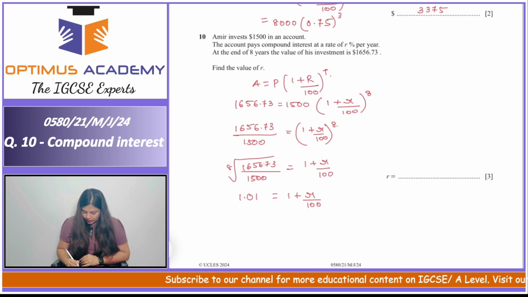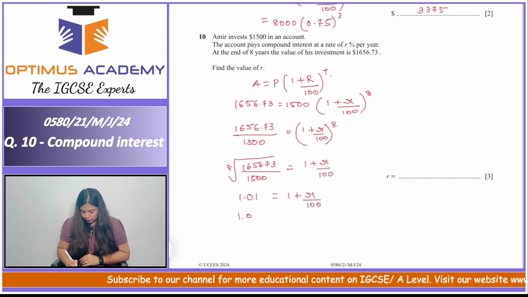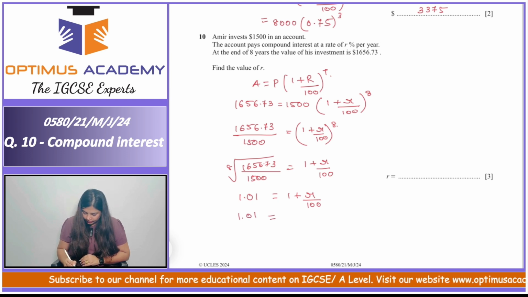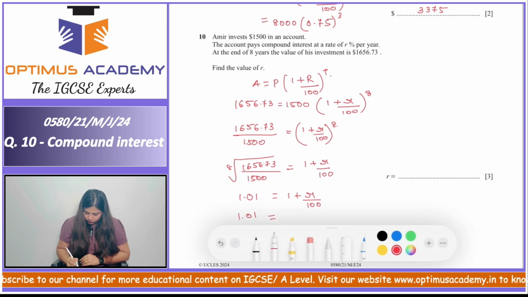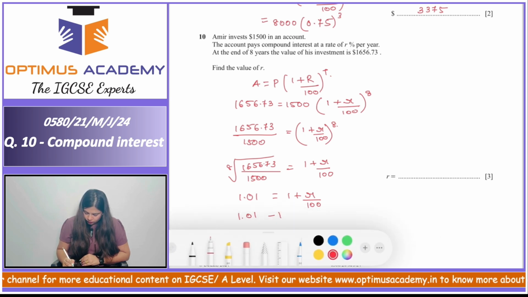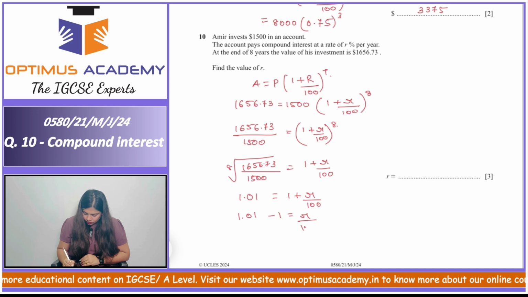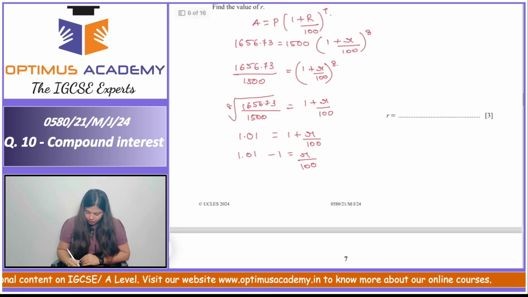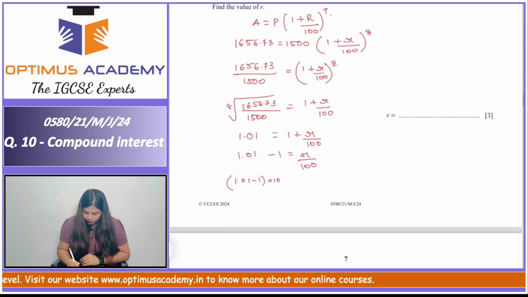After sending 1 to the other side, we will subtract 1 from the answer that we have found in the calculator. And then multiply by 100 to get the final value of r, which is 1.25.